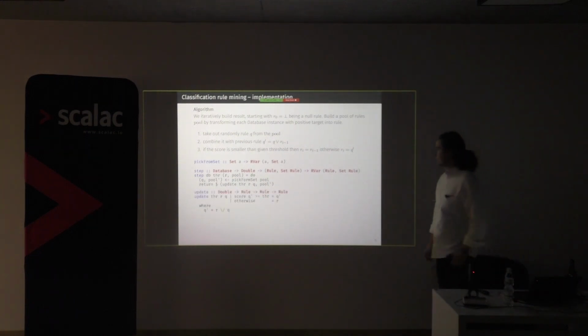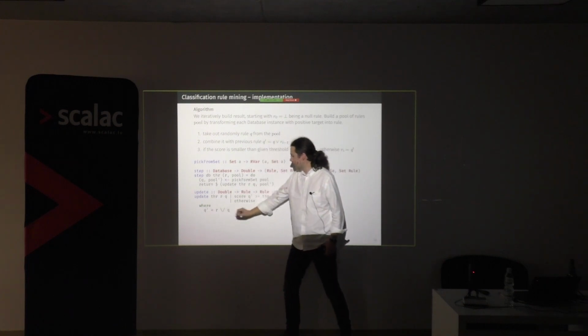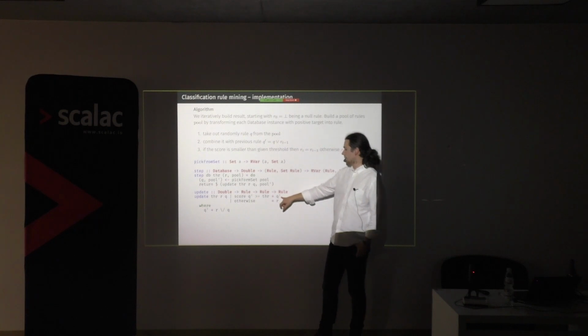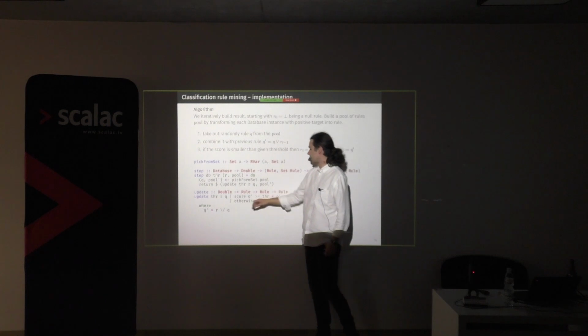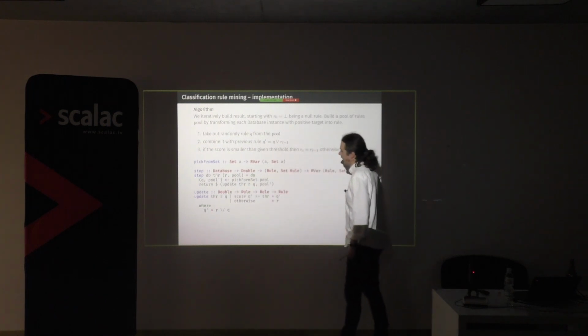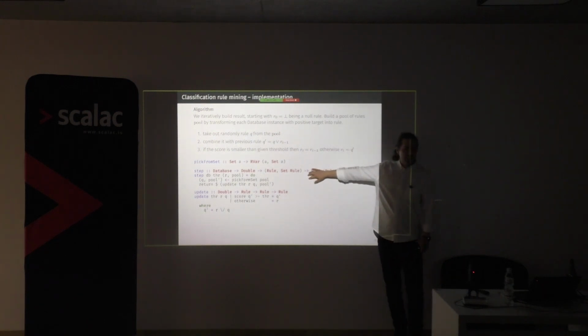Well, if Q prime is this combined rule, and the score of the combined rule is greater than the threshold, then we return this Q prime as the new rule. Otherwise, the rule that we entered this function with. So this is the jump in the stochastic process.